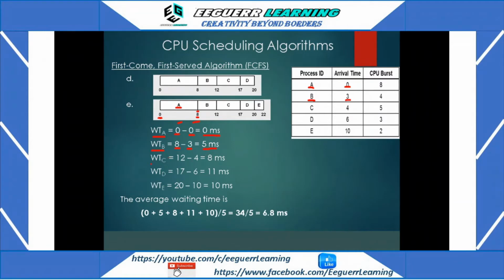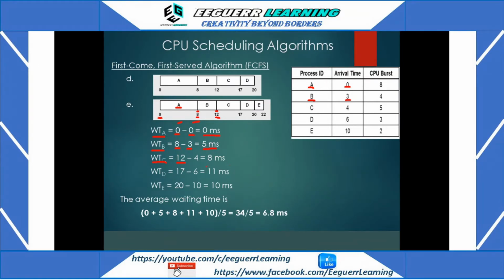So let us solve for the waiting time of letter C and look at the tail of letter C. Here is the tail of letter C, and its value is 12, and we place it here, 12.